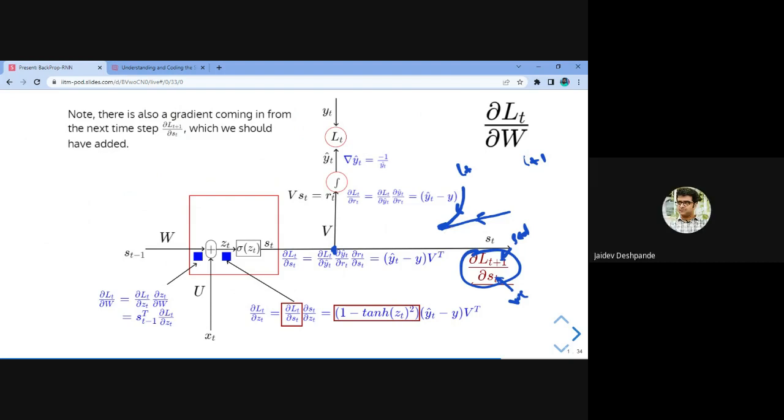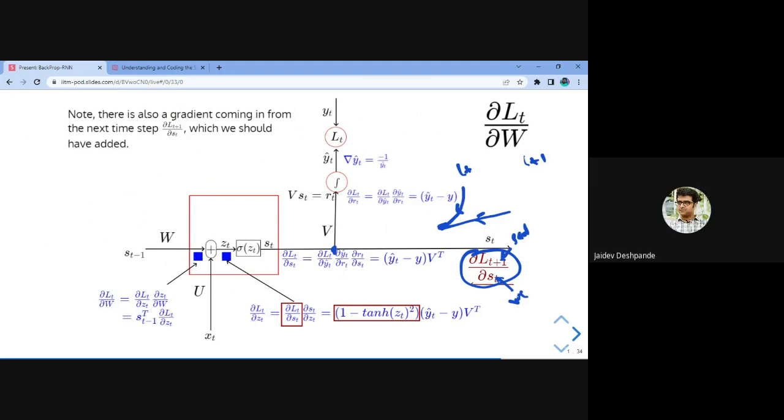Arun, let me try and explain it, and maybe you can point out the fault in the way that I am trying to understand it. Again, let's focus on the gradient of the loss with respect to the W matrix.